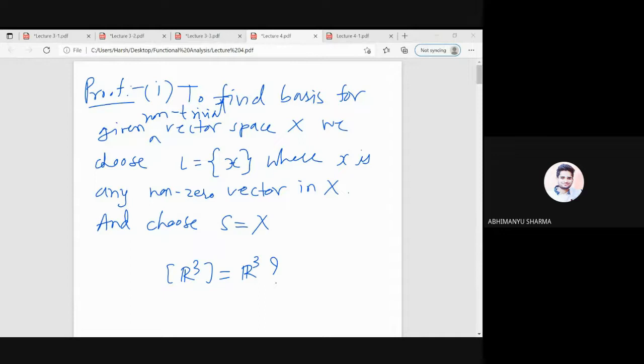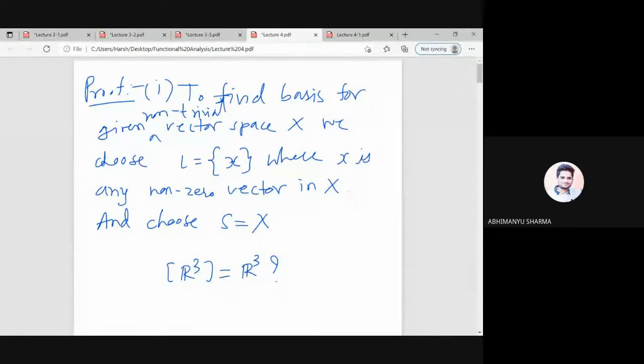Yes, sir. Spanning set, right? So yes, that means the spanning set is also simple to choose.